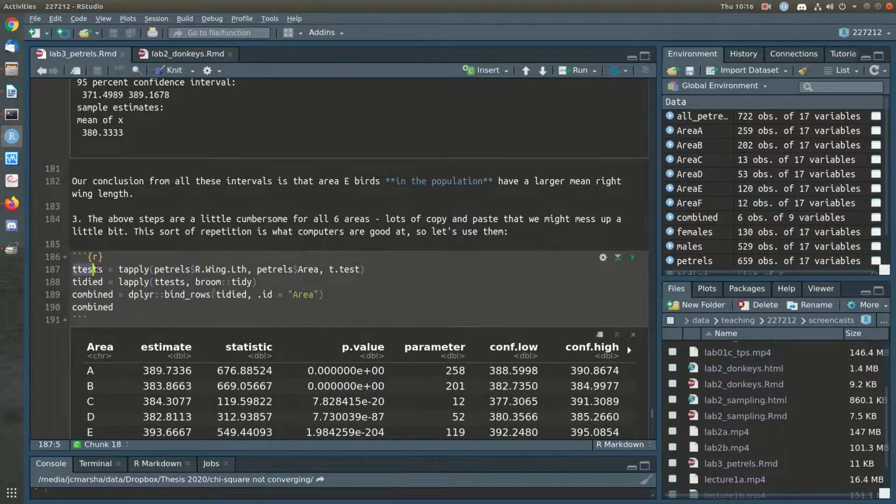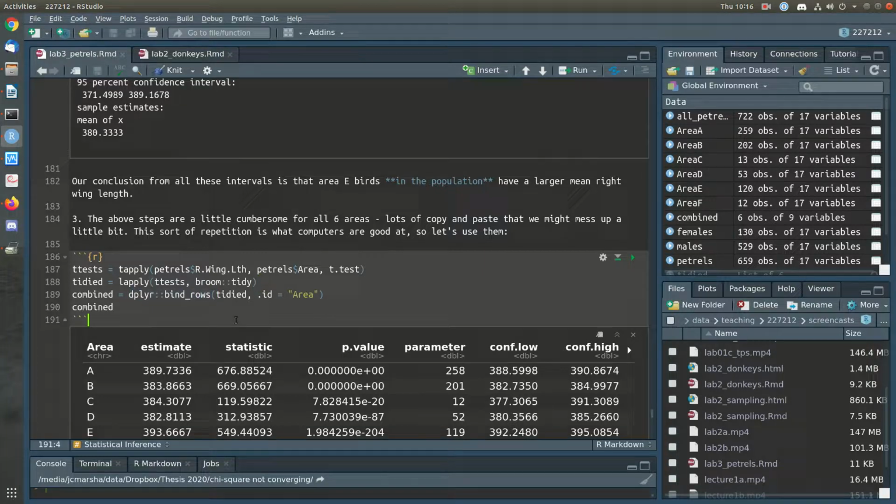Then we save the output and then we do some tidying. We take our t-tests, which is going to be a list of 6 different tests that the tapply function will give us, and we run broom tidy on it, which produces a little data frame, a single row for each of the tests, and then returns a list.